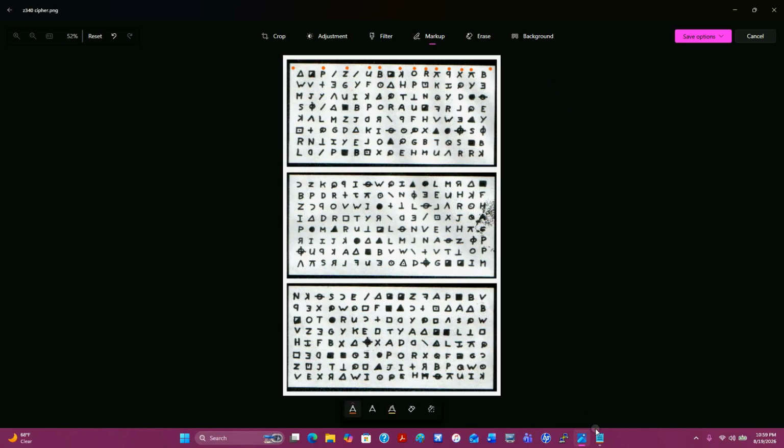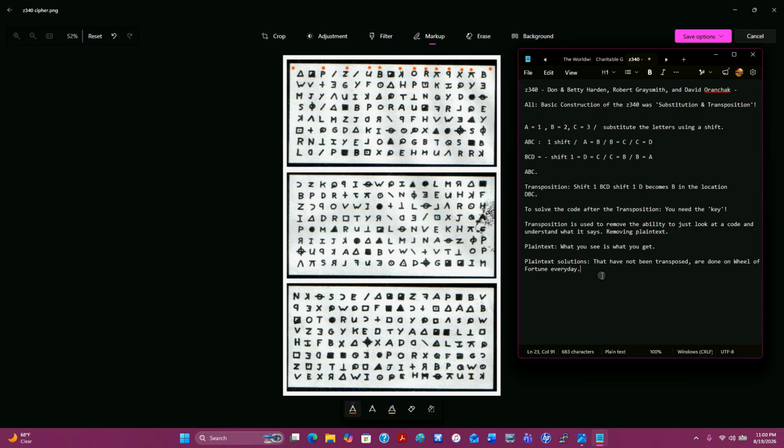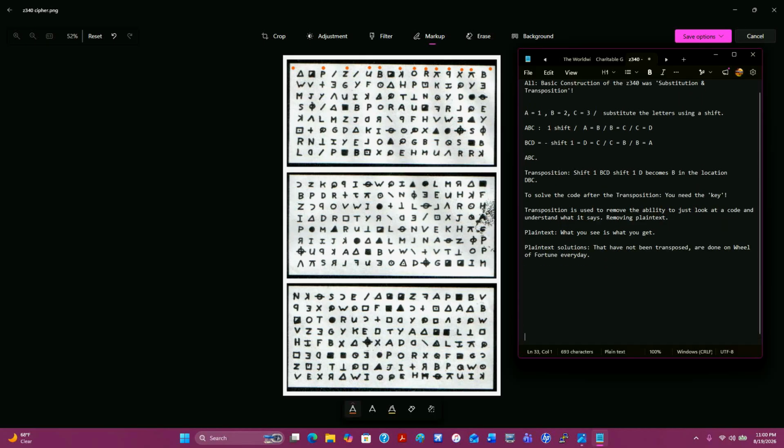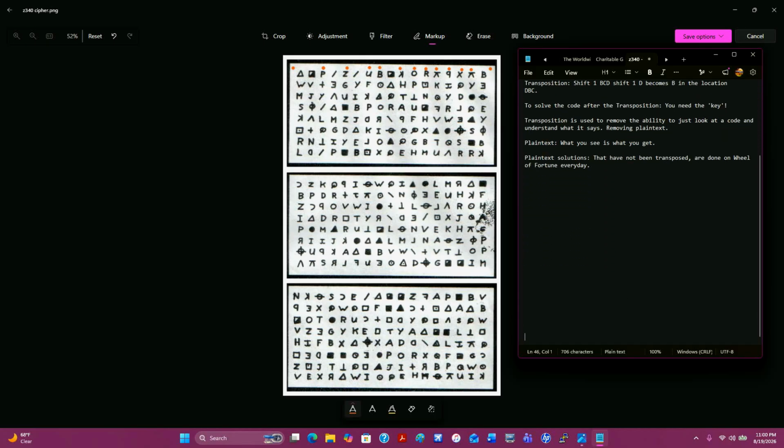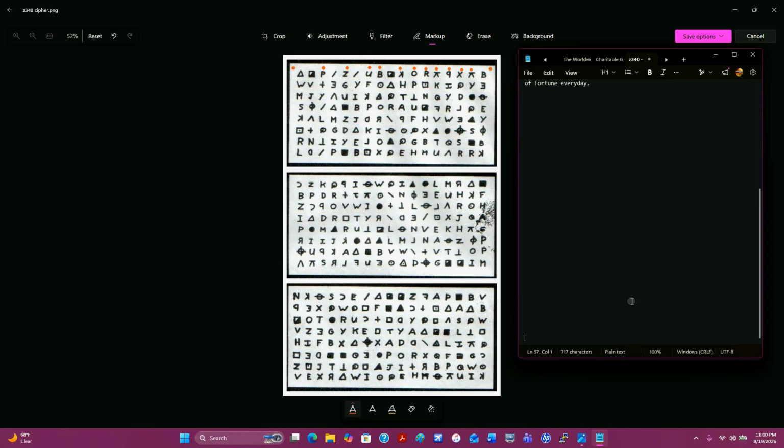And so I'm gonna give you my theory. So let's just kind of push down, and I'm gonna push that stuff off the screen so we can get to my theory. The Z340 cipher is truncated words.